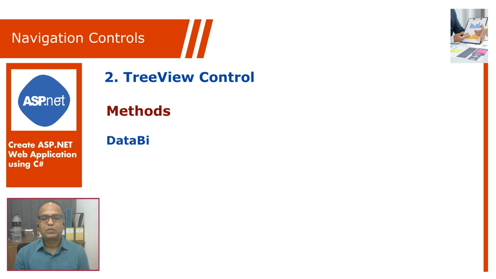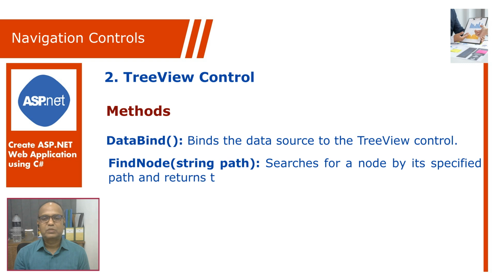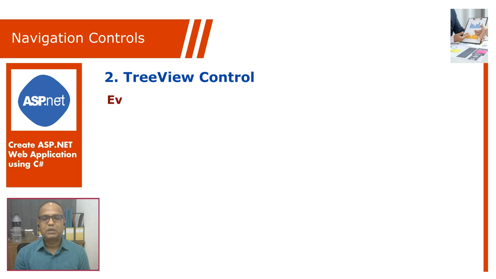Methods. Data bind binds the data source to the tree view control. Find node string path searches for a node by its specified path and returns the tree node instance. Events.